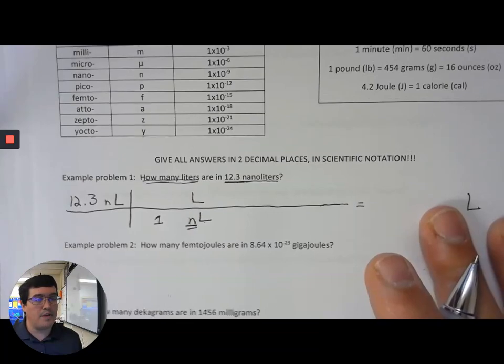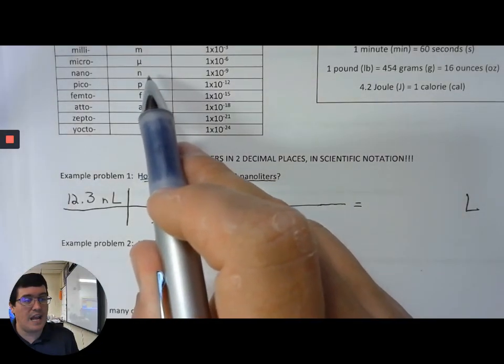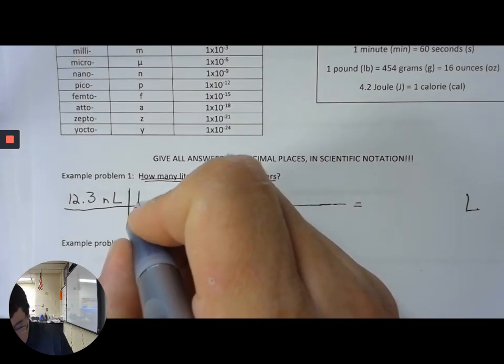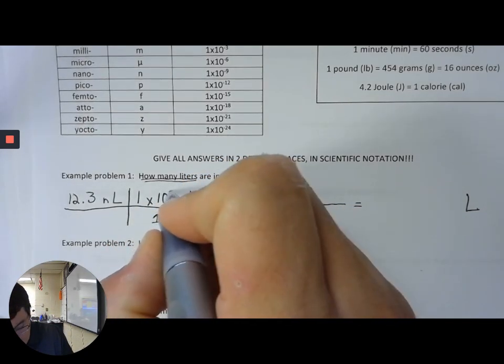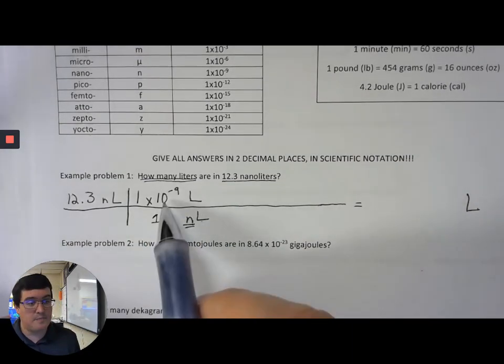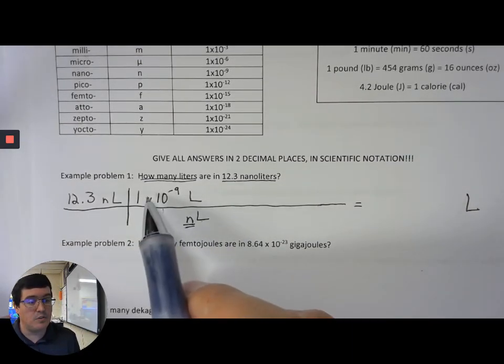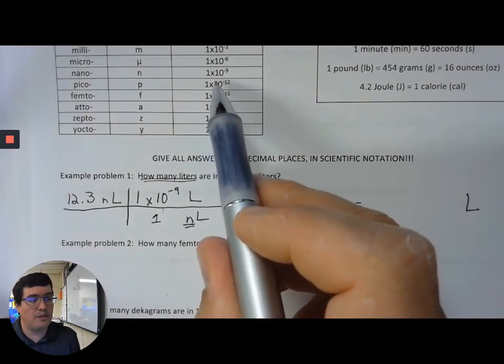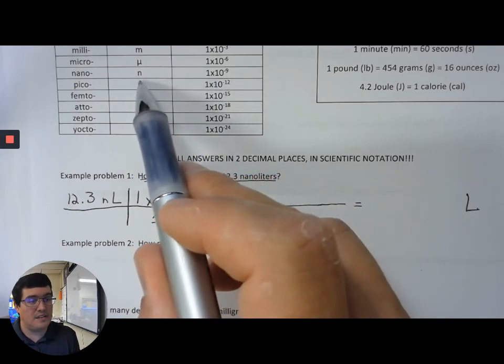So we're going to go back up to our chart and see that nano means 1 times 10 to the negative 9. So we're going to do 1 times 10 to the negative 9. And the reason I can do that is because 1 nanoliter is equal to 1 times 10 to the negative 9 liters. And that makes sense because that's just what nano means.